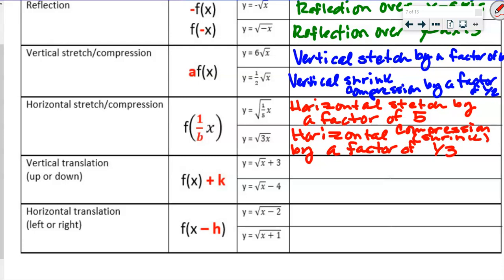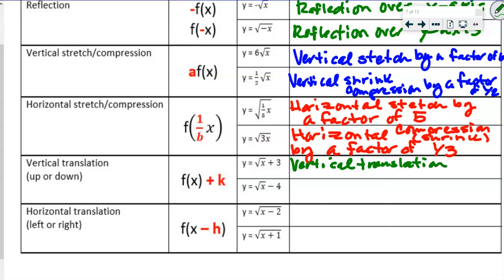Okay? All right, so now we've got a K. So we're going to go ahead and do the K, which is up or down, right? So this is vertical translation up or down. So on this one, let's go back, I'm going to go back to green, y'all. So this is a vertical translation.